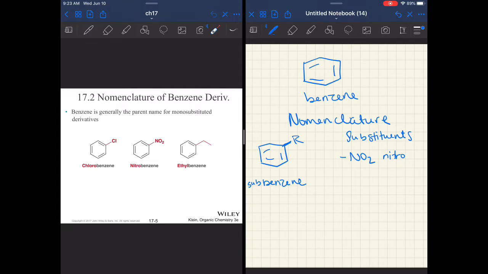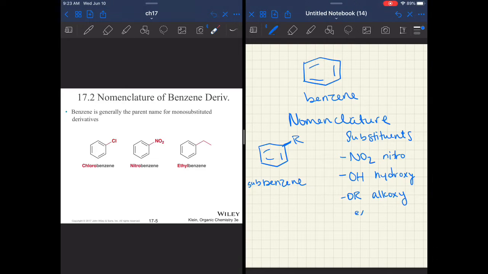Depending on whether you hit alcohols in organic 1, an OH group, if it is the substituent, is a hydroxy group. And if you're dealing with an ether, this is an alkoxy.